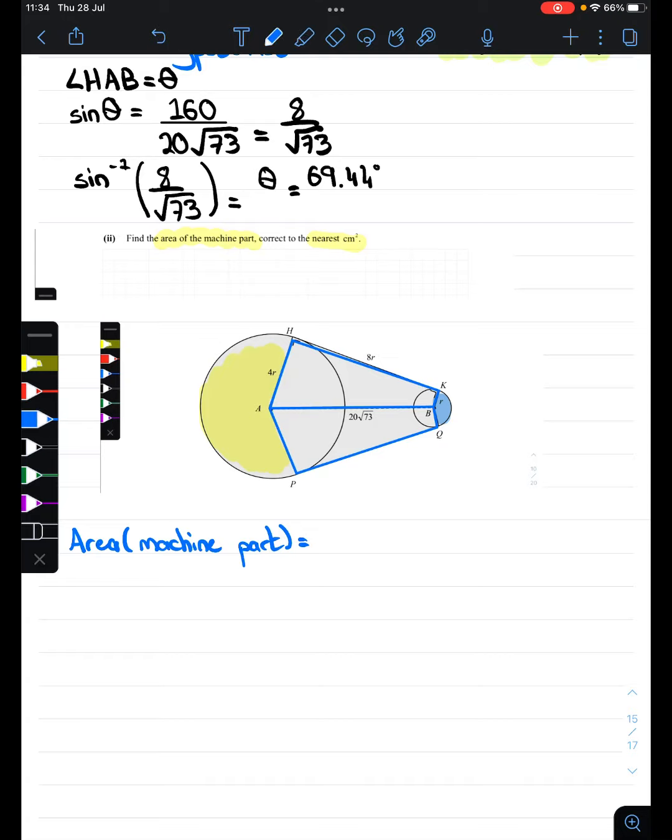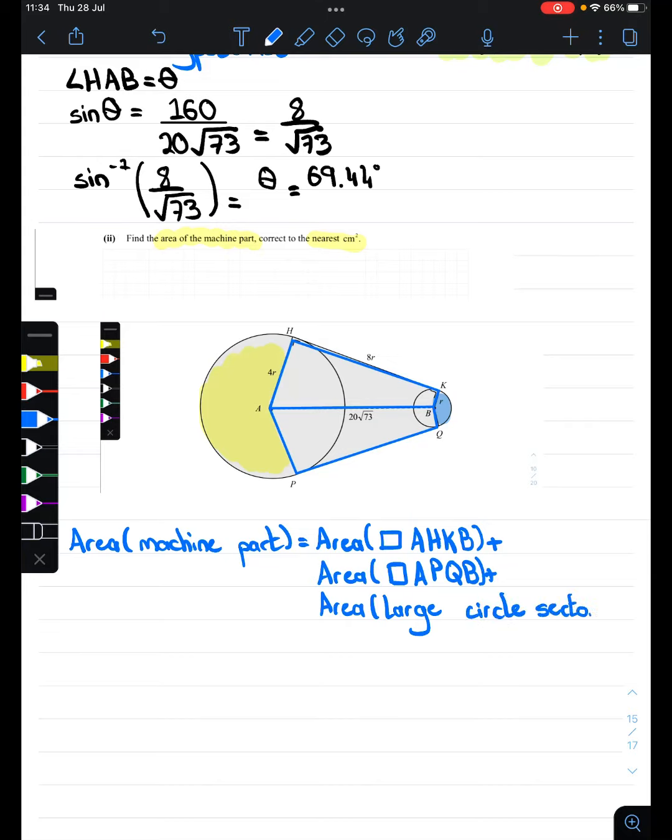So the area of the whole thing is the area of our quadrilateral AHKB plus the area of the quadrilateral APQB plus the area of the large circle sector plus the area of the small circle sector.